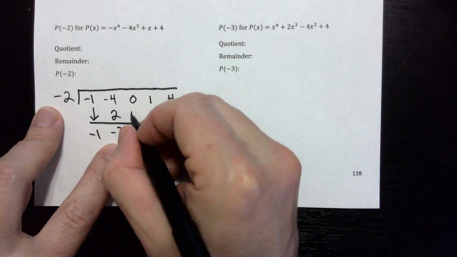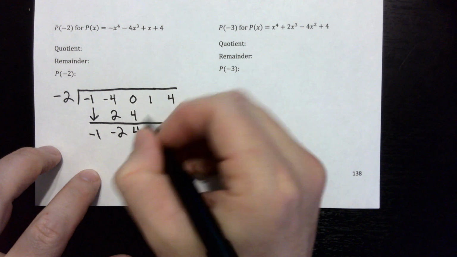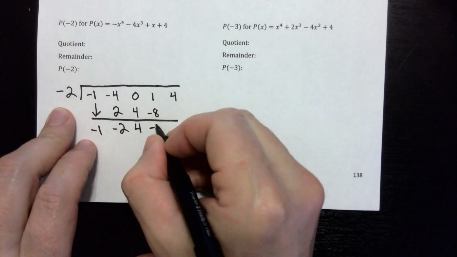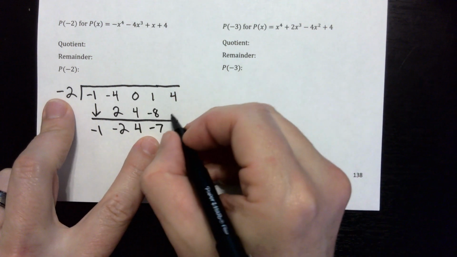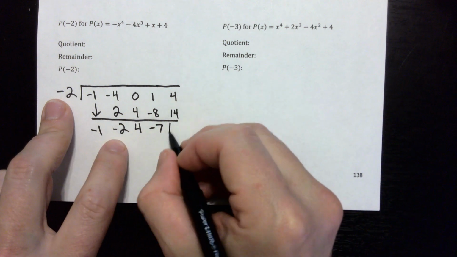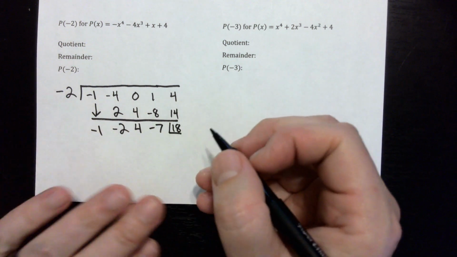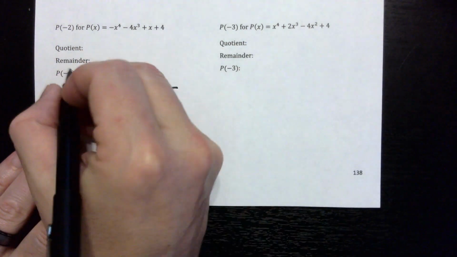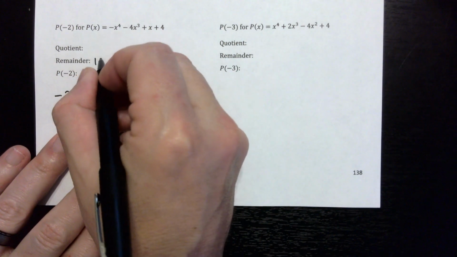Multiply, you get 4. Add, you get 4. Multiply, you get -8. Add, you get -7. Multiply, you get 14. Add, you get 18. Okay, so P of -2 is equal to 18, as is our remainder.